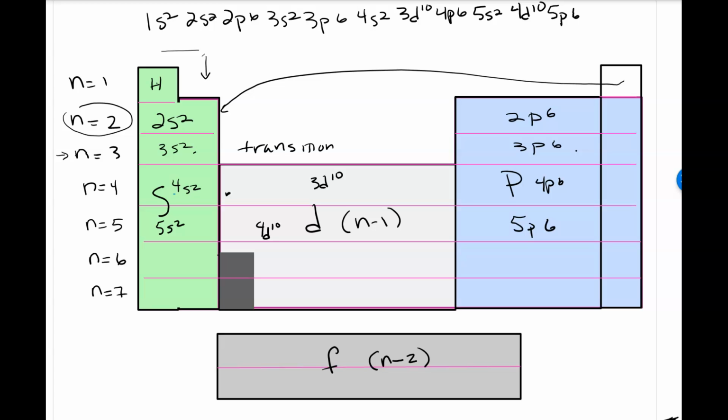Now I get to n equals 6, 6s2, but now I come to this spot here. And you'll see on your periodic table, it goes from number 57 to 72. And that's because from here, you go down to the lanthanides. And so, the lanthanides are n-2.